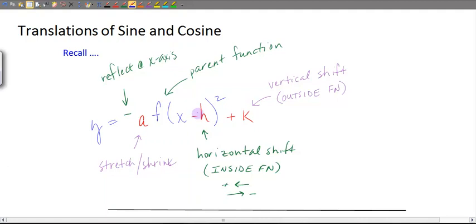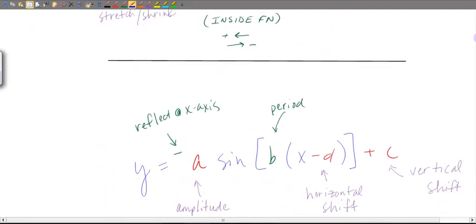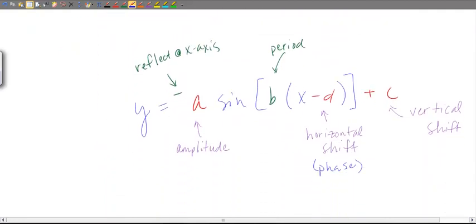So if we were looking at this function right here, it would have a shift to the right, whatever that value was. The last thing we might remember is that if I'm adding a number to my function, then I had a vertical shift.